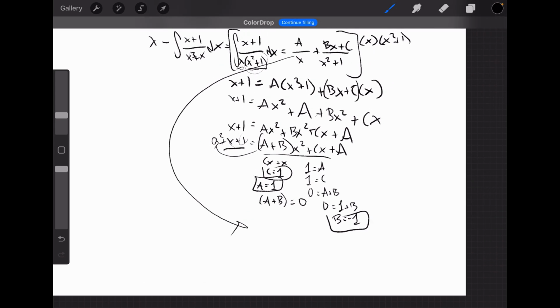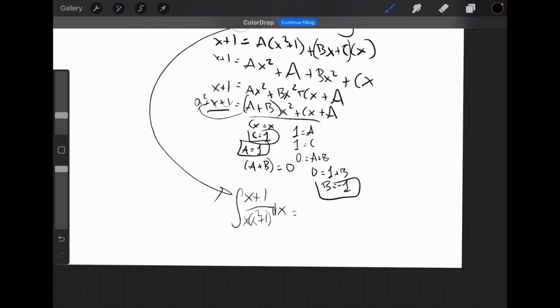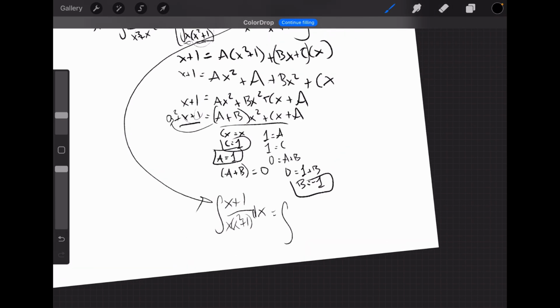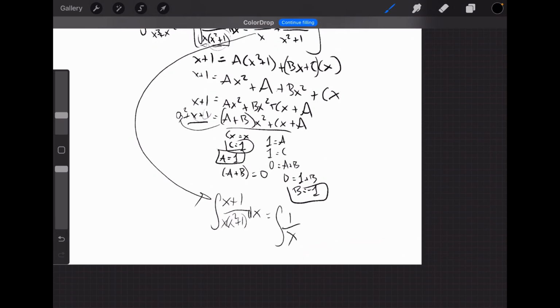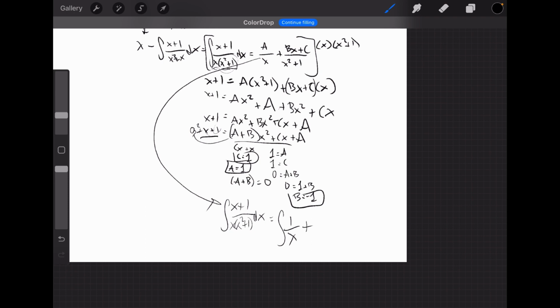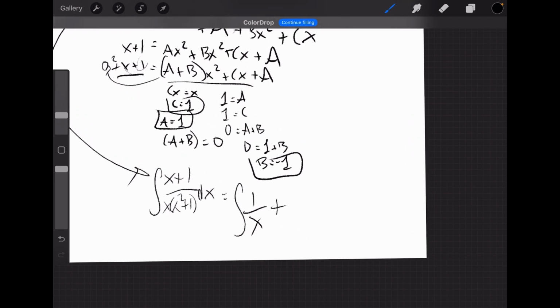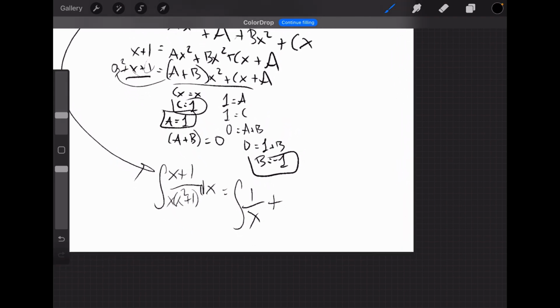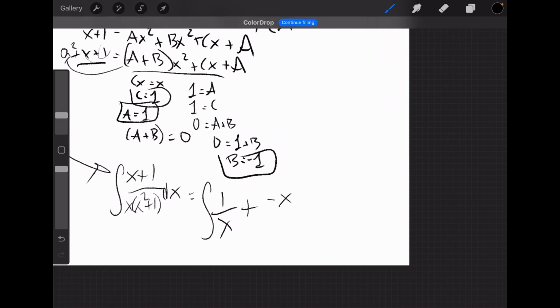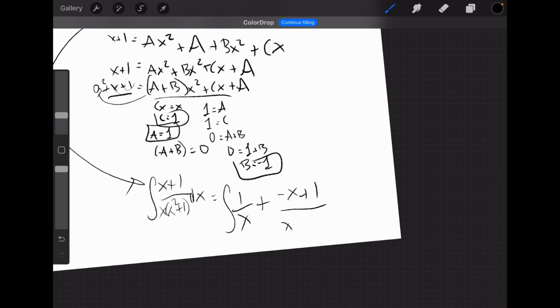So now we know that the integral of x plus 1 all over x squared plus 1 dx is going to equal, a is 1, so 1 over x, plus bx plus c. b is -1, so negative x plus c, c is 1, so negative x plus 1 all over x squared plus 1. So now we have that.